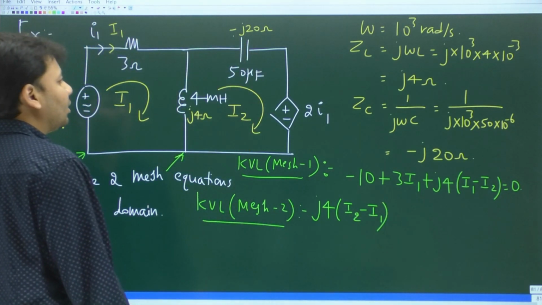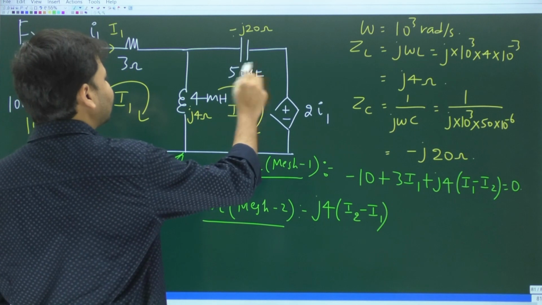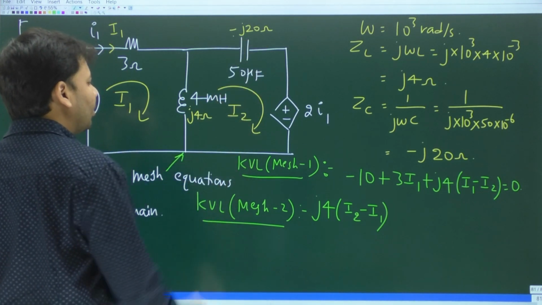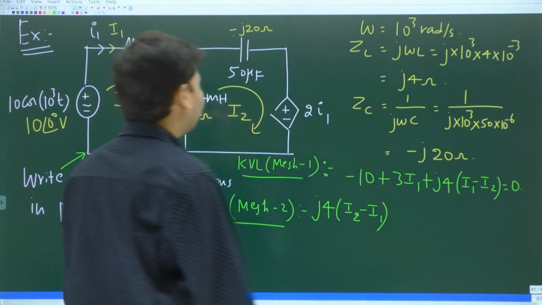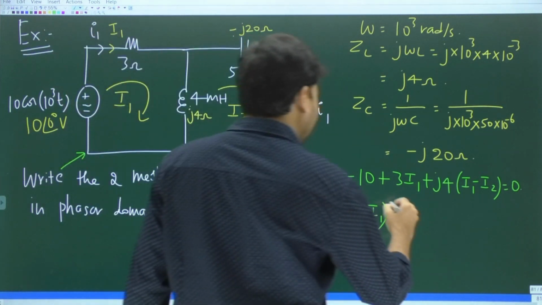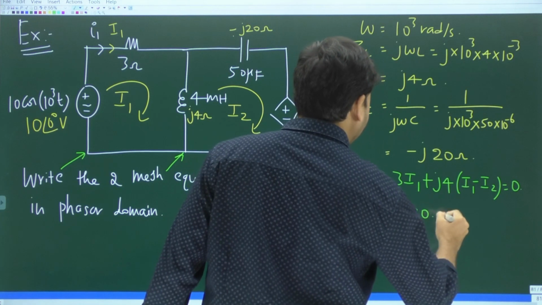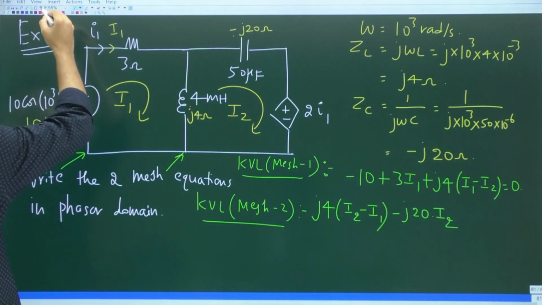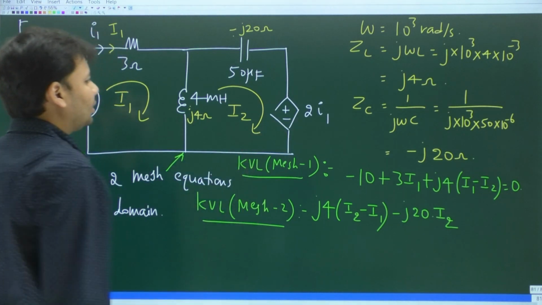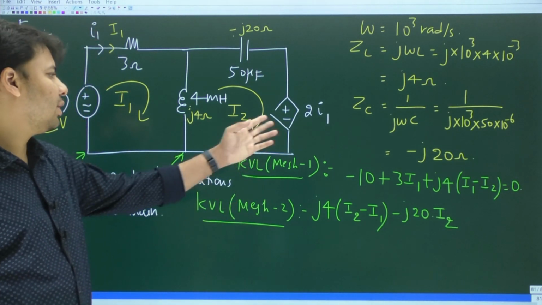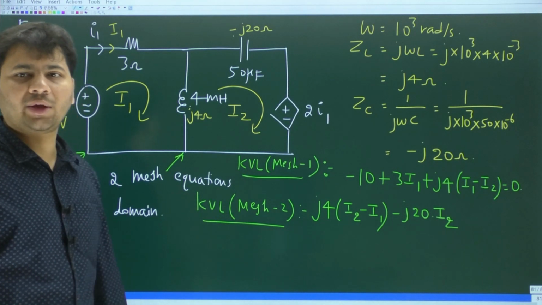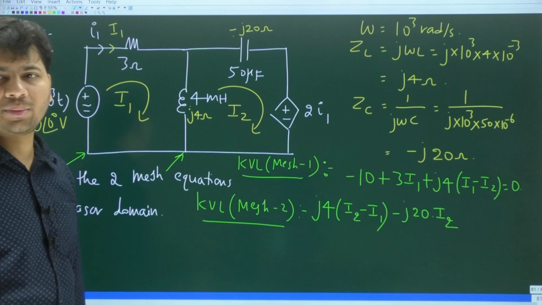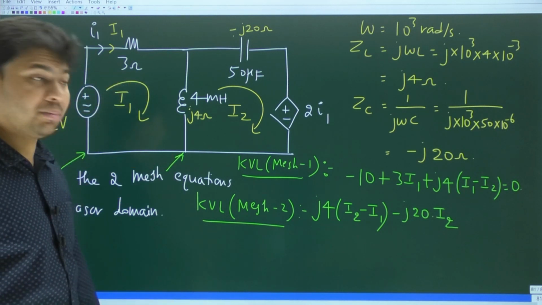I2 minus I1. And then the next impedance is the minus j20 ohms, which belongs only to mesh 2. Just multiply the impedance with the mesh current. So minus j20 times the mesh current I2. And by the way, this dependent voltage source, its original value is 2 times small i1. But in the phasor domain, small i1 has become capital I1, the first mesh current.